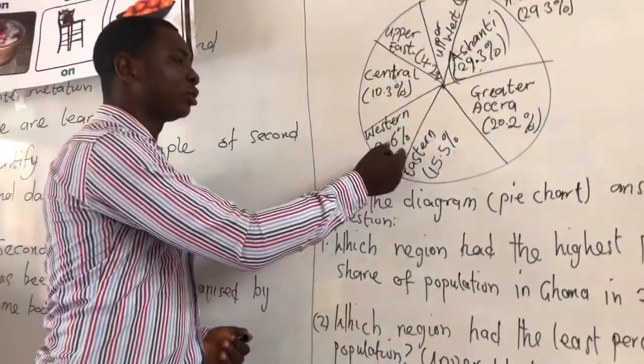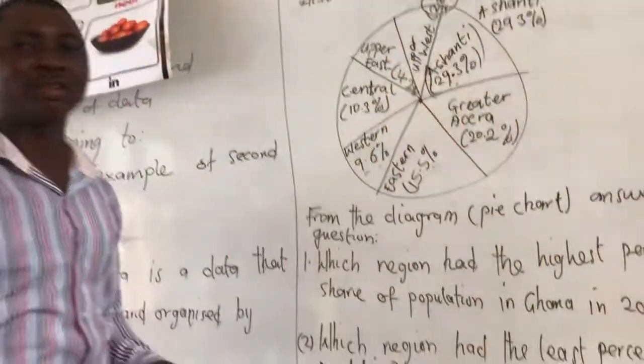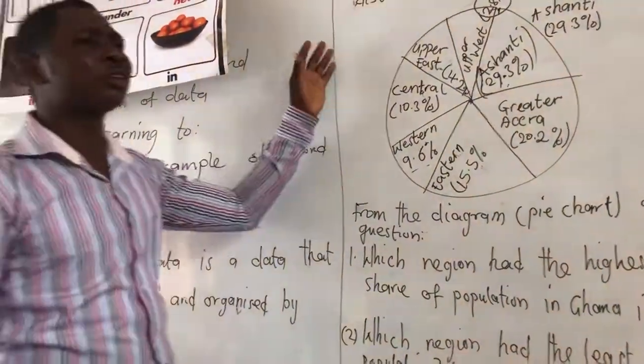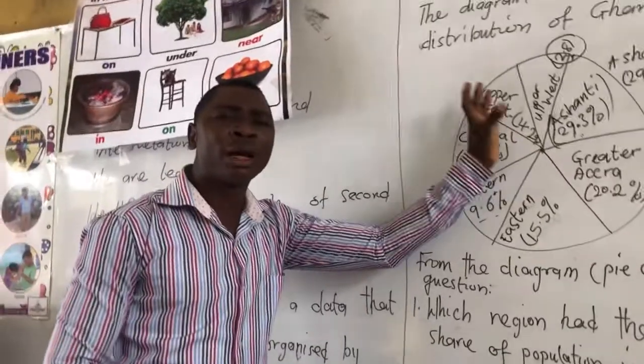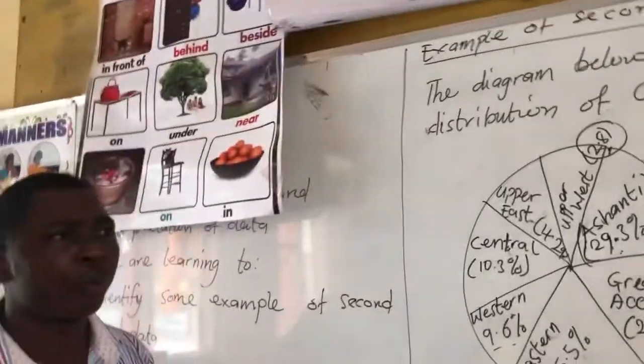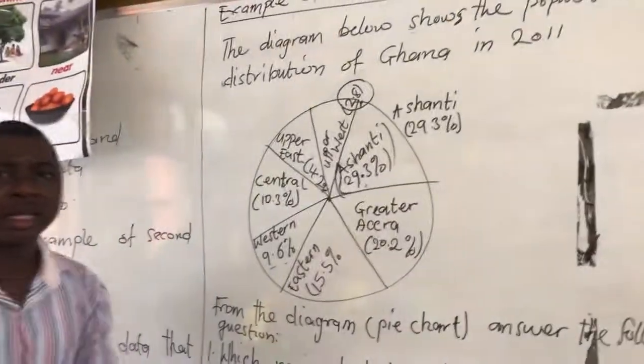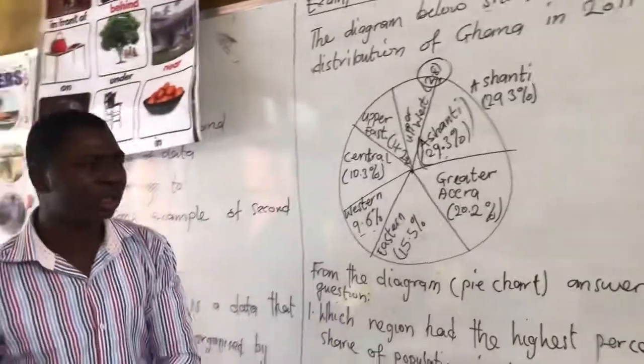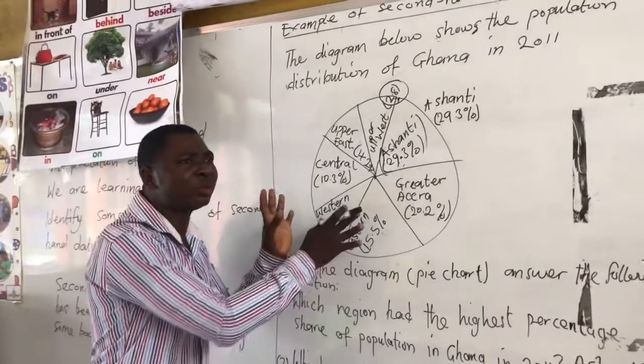It's 9.6%. So this becomes second-hand data, also known as secondary data. And this information is from the media.